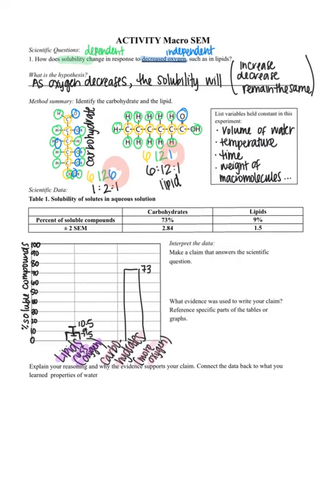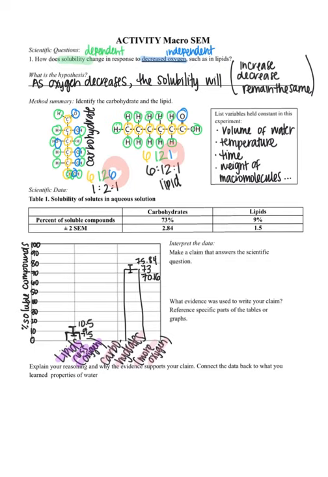For my carbohydrates, this 2-SEM is 2.84. So in order to get the top of my SEM bar, I will add that number, which would give me 75.84. And to get the bottom of my SEM bar, I'm going to subtract 2.84 from 73, which will give me 70.16.